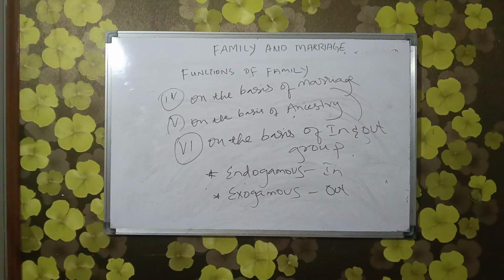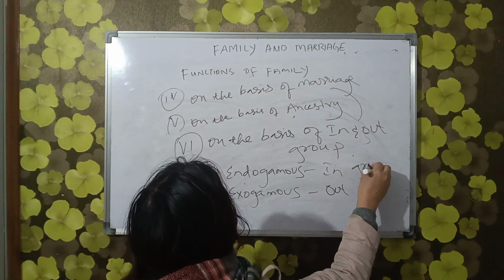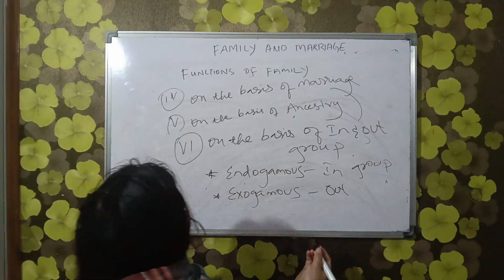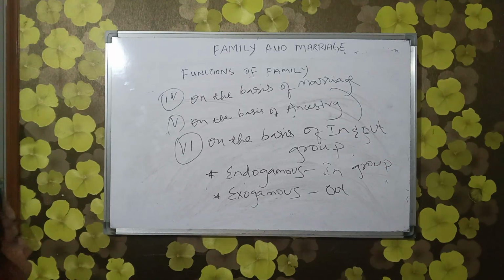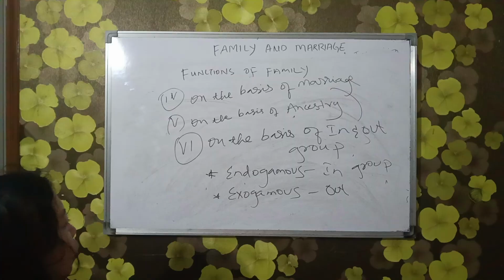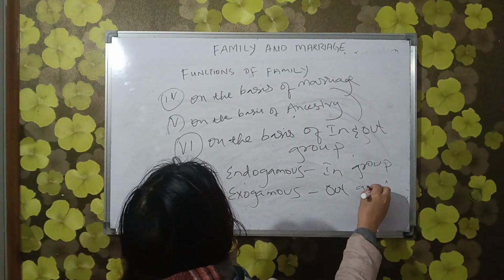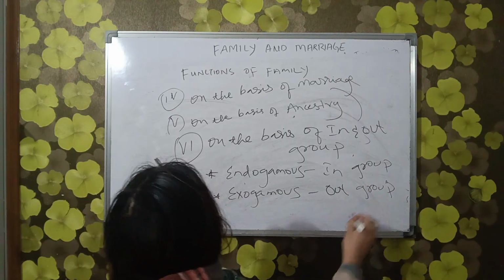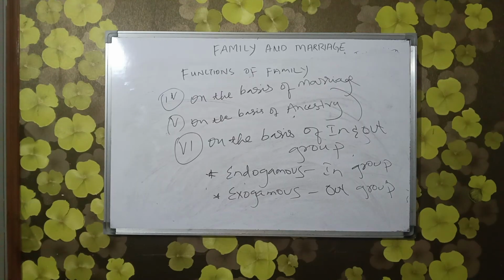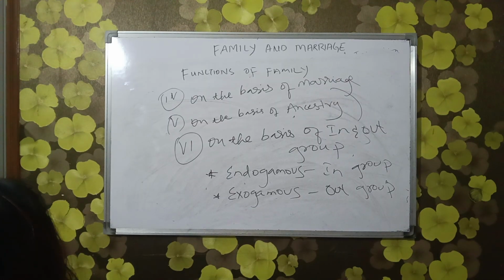Endogamous is mainly in group. Here the marriage is allowed only within the in group. And in the exogamous, the marriage is allowed in both in and out group. That means they are allowed to marry with other outside groups.